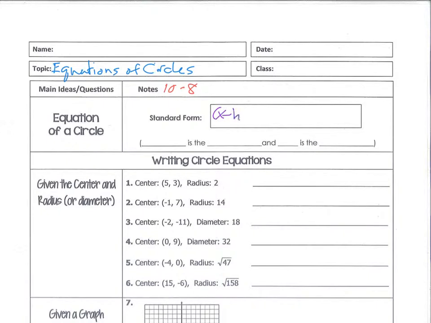(x minus h) squared plus (y minus k) squared equals, whoops, I tell you I'd make a terrible dentist. Whoops, sorry about that. r squared. So you actually have two squared terms. You have an x squared term and a y squared term.